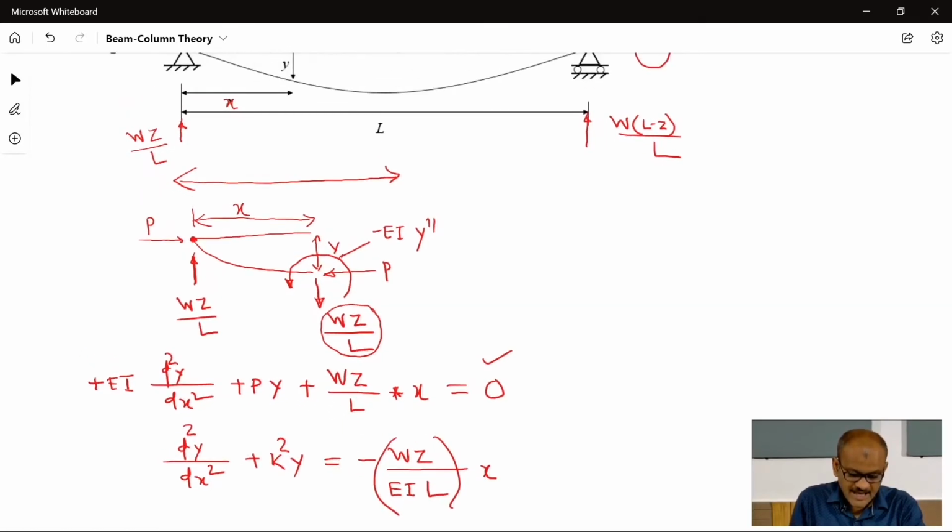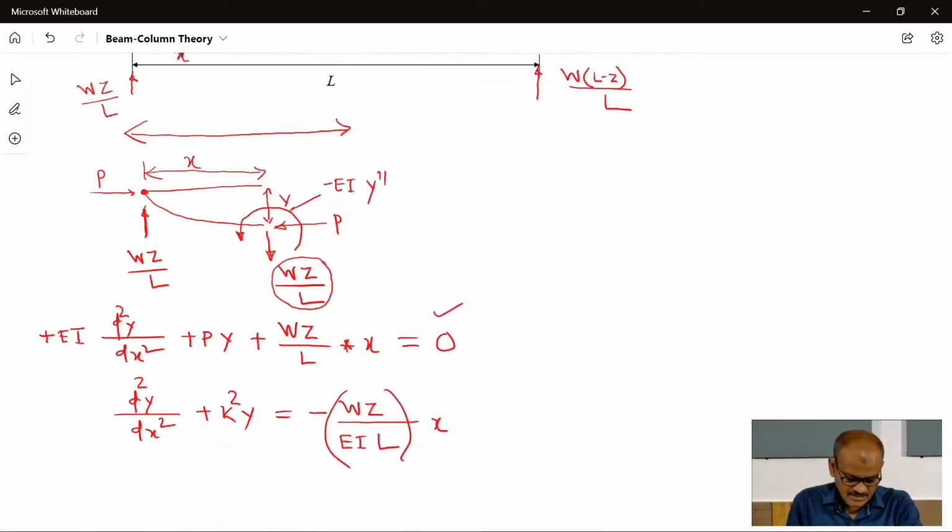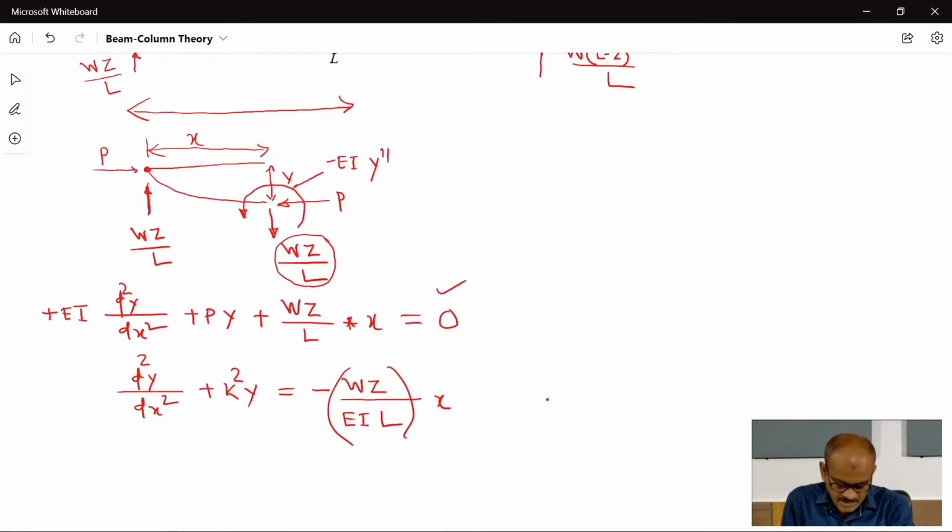So, in this case we can write the limit that x is greater than or equal to 0 and x is less than or equal to L minus z.